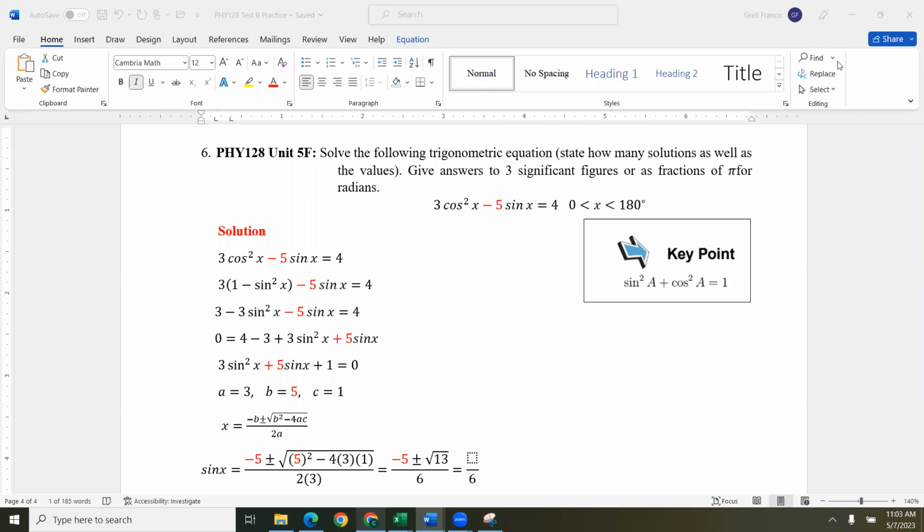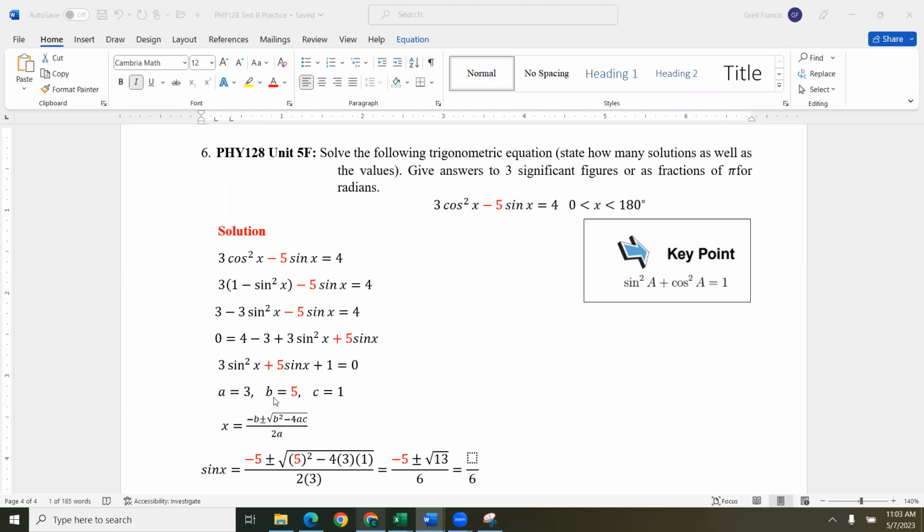A simple modification of changing positive 5 to negative 5 will do the trick. So we have a minus 5 here, and when we bring it across to the right side, we have a plus 5. So b will be a plus 5.